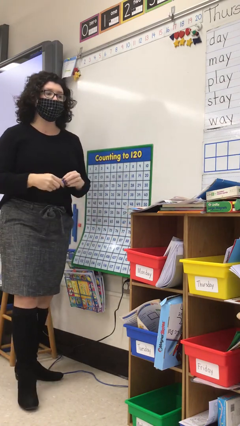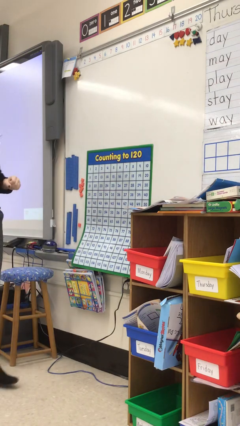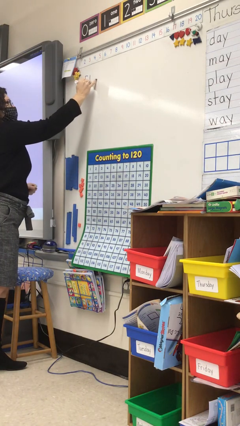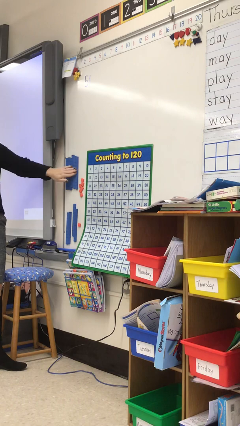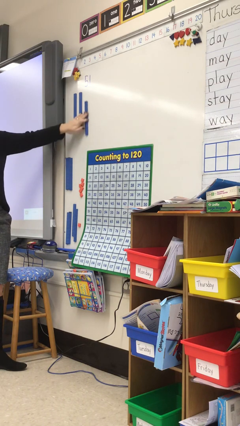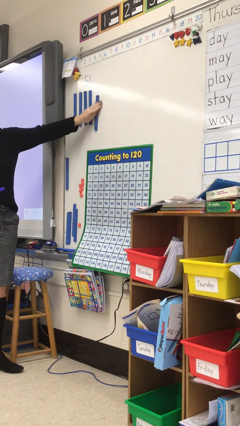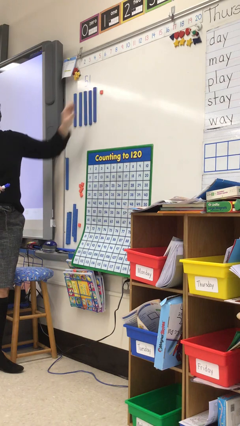Okay, let's do one more together. Ready? 51. Show me what 51 looks like with your 10s and your 1s. 10, 20, 30, 40, 50, and then a 1. There's 51.